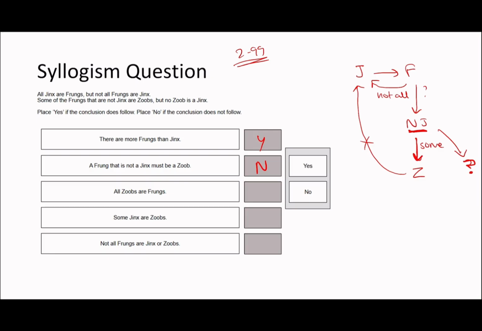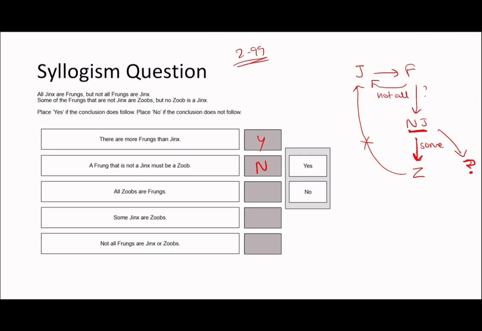Yep, all zoobs are frungs. There's no info here. So here we know that frungs that are not jinx, some of them are zoobs. Okay, but I can create a hypothetical where I say that some zoobs are not frungs. I can just make up a random letter. I can say that some zoobs are joyels. I don't know, whatever.